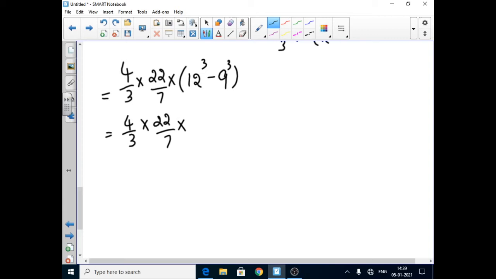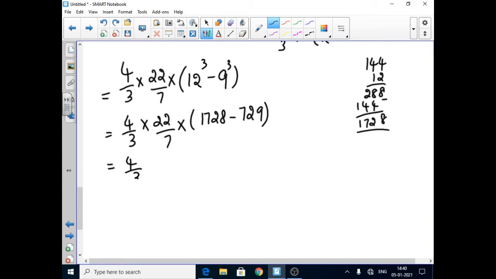The value of 12 cube is 12 into 12, 144, 144 into 12, 1728. 1728 minus 9 cube: 9 into 9 is 81, 81 into 9 is 729.